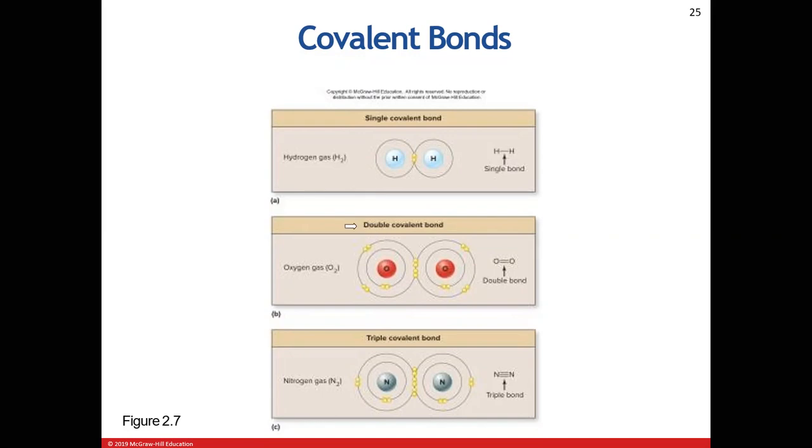Now, if we look at the double covalent bond, again, we have 2 electrons in its valence shell, 2 electrons in its valence shell. We have a total of 6 electrons in this valence shell and 6 in this one. So in order to be satisfied by the octet rule, by having 8 in its valence shell, oxygen really needs to either get rid of or take on 2 electrons.